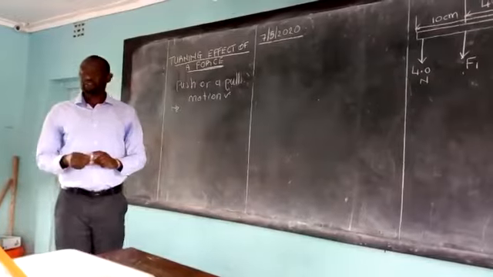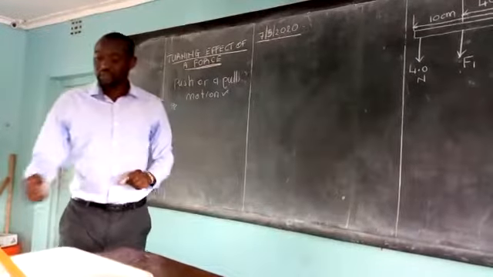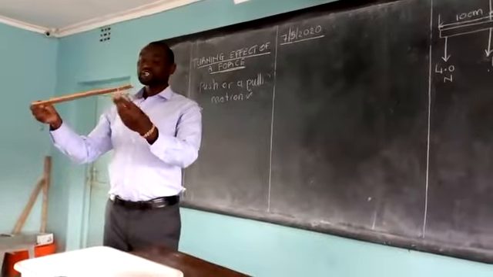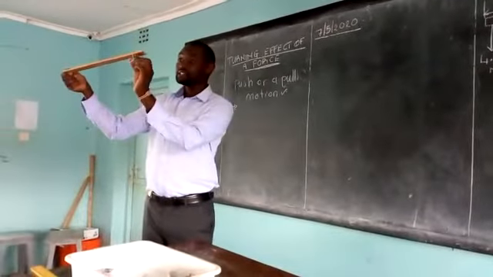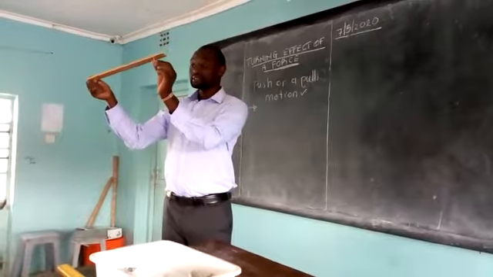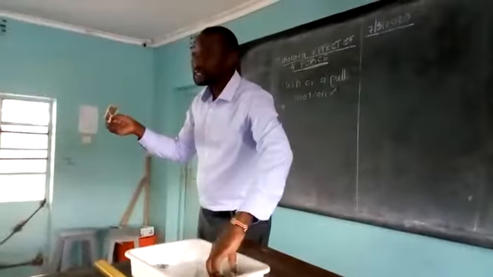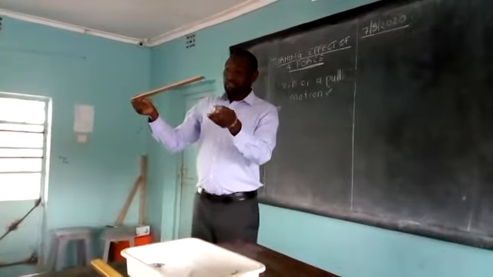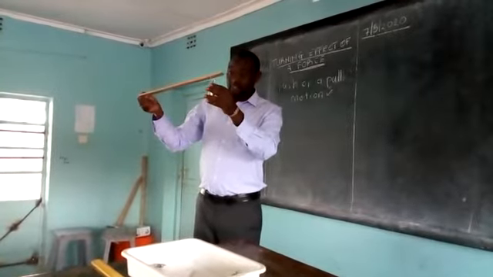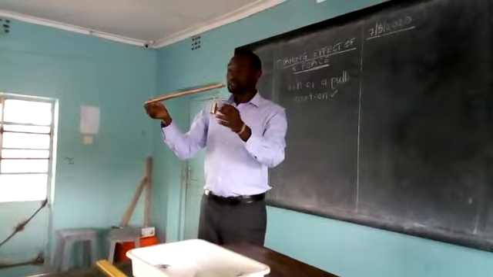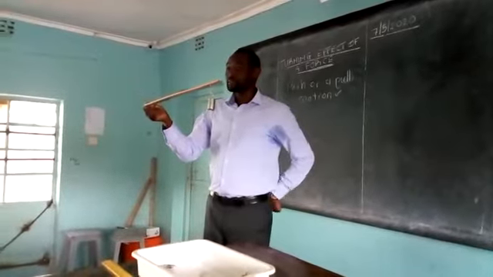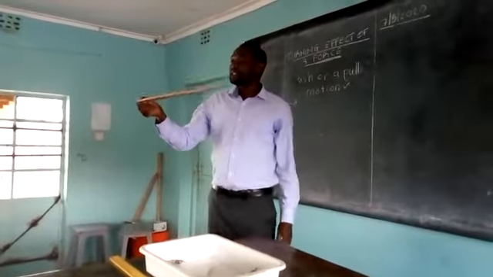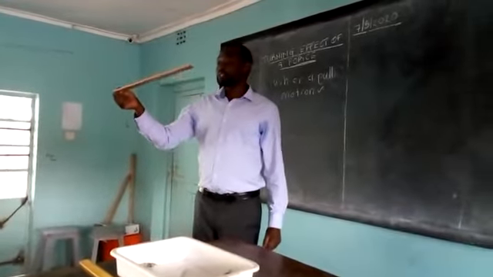I'll show you a very simple demonstration. With me here is a half-meter rule on which I have a small string tied. It will hold something, and this something is a mass that I have here. If I put this mass on this half-meter rule, as you can see, when the mass is not there, it's very easy to hold this half-meter rule.